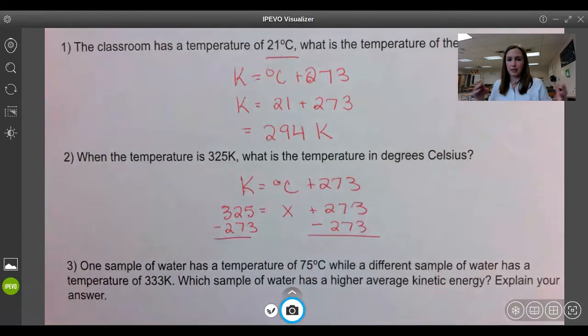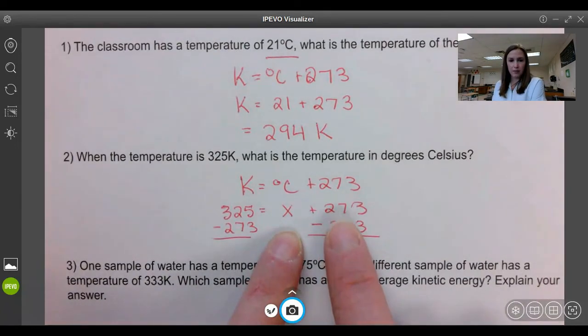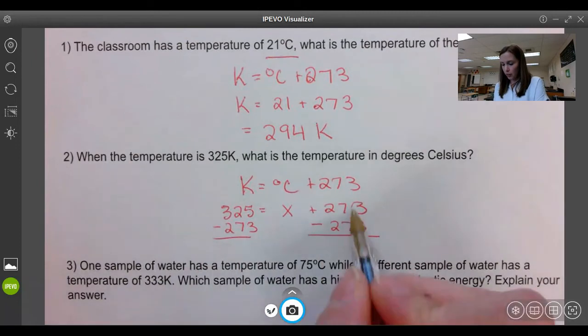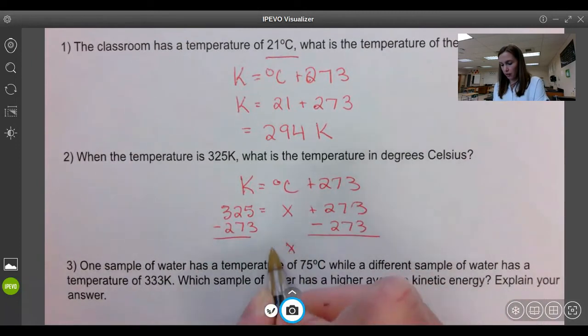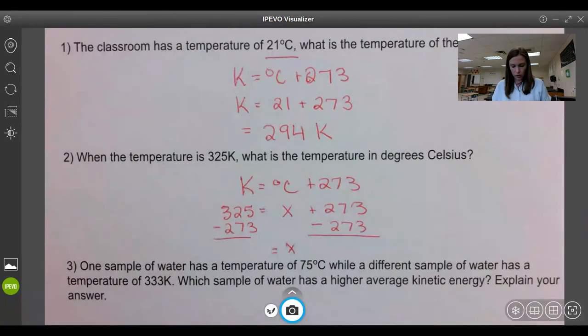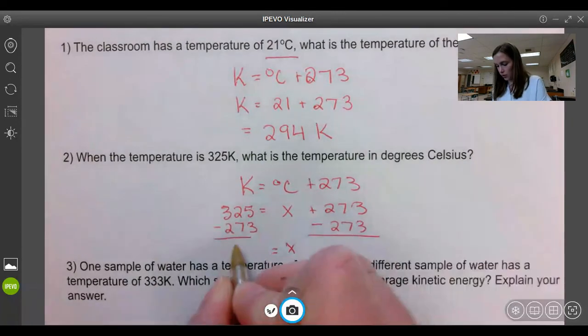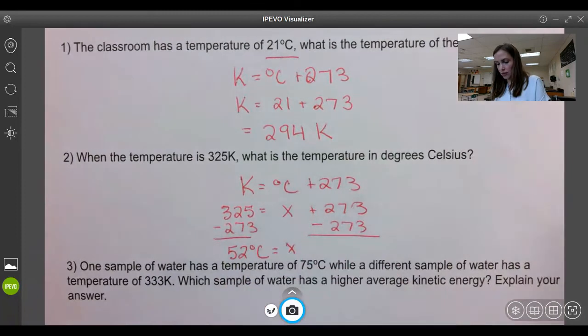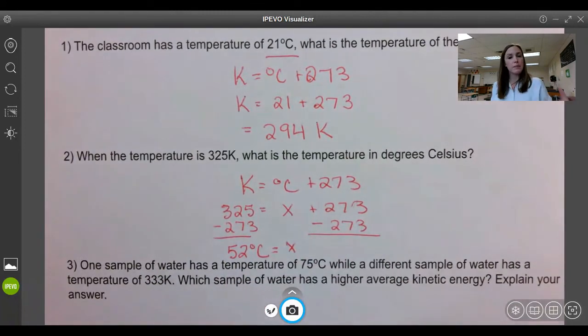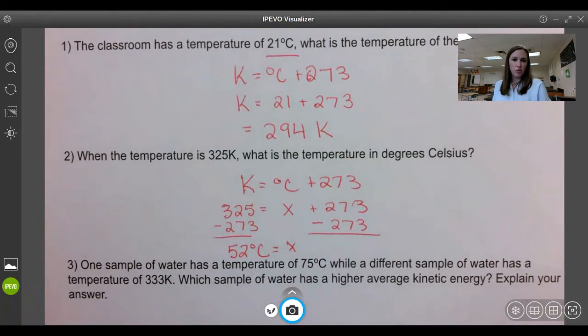Usually the error is that 325 gets subtracted from each side. Make sure you're looking at this plus 273 and then subtracting it. That way the 273 goes away and we're left with X. And then when we do 325 minus 273, you get 52, and that was in degrees Celsius. So a simple equation to use. You just have to be careful with your math steps.